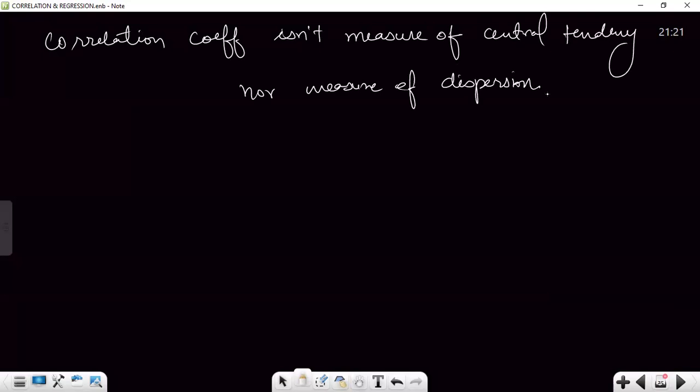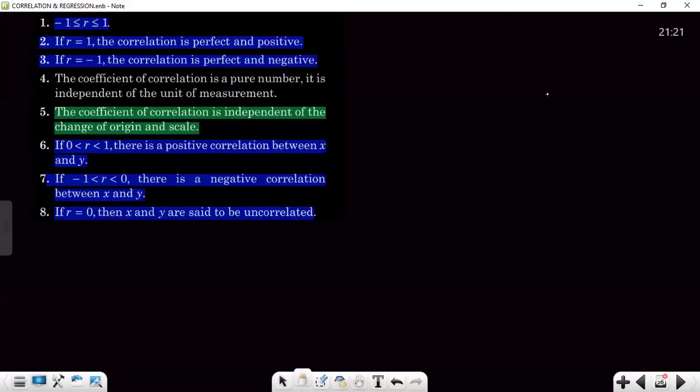So these are some very important points from correlation. Okay, so that's enough on correlation. Let's see if there's something left.